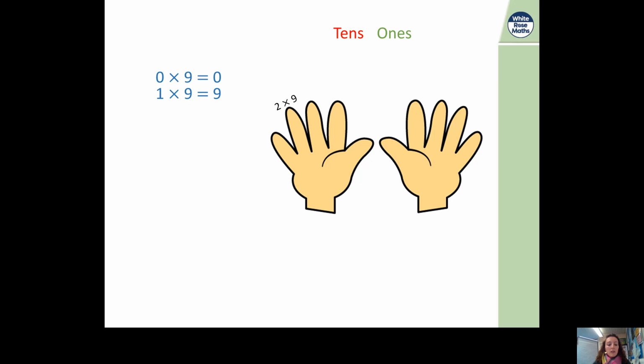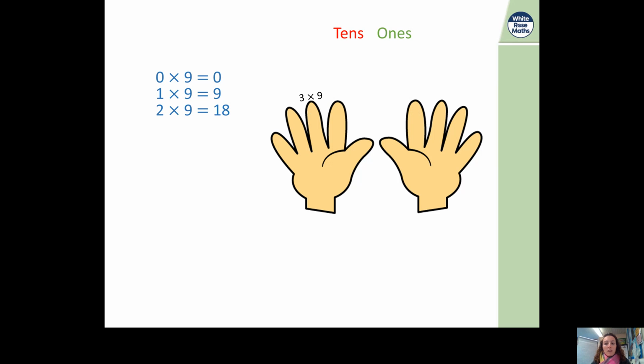Let's look at 2 times 9. So fold down the next finger along on your hand. Now that represents 2 times 9. So if we look to the left, we've got 1 little finger pointing up still. So that represents 1 ten. And we've still got 8 fingers on the rest of our hand. So that represents 8 ones. So 2 times 9 is 18.